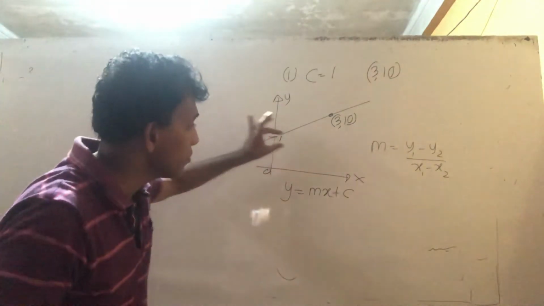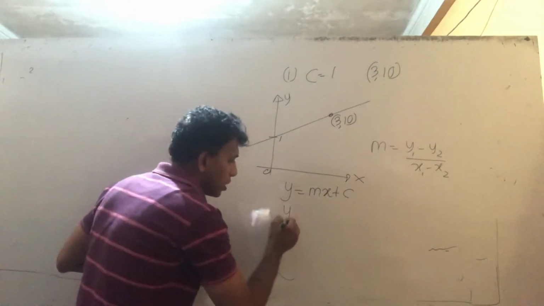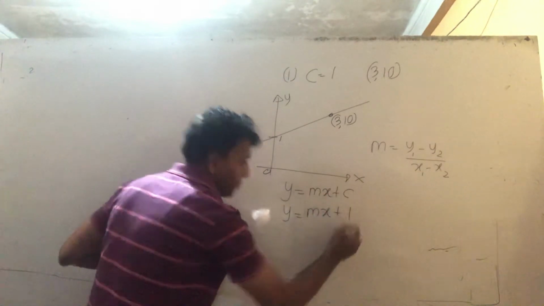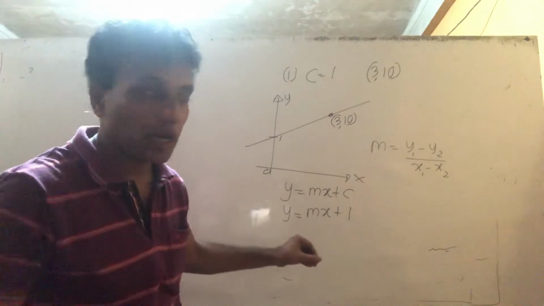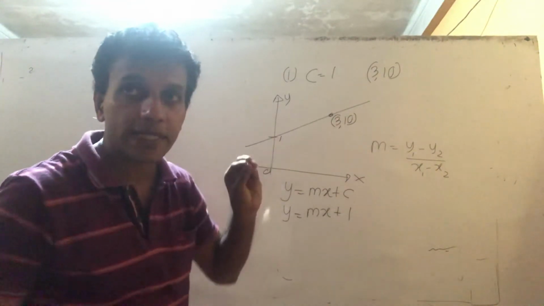But c is given as 1. Okay, now put c as 1. y equal m, unknown, plus c, known, 1. C is 1, so this is used. This is not used yet. So find how to use this 3, 10, right?